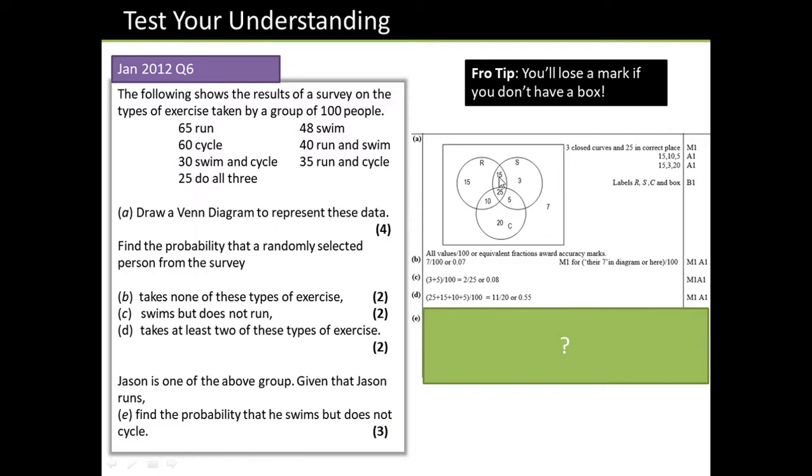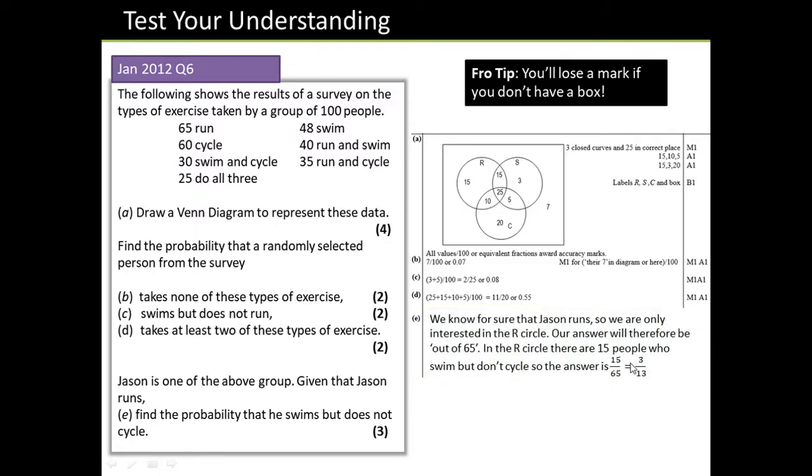So in order to swim, there are 15 people that swim but don't cycle. So that means that there are 15 people out of the runners, which is 65. So 15 out of 65 is the chance that Jason swims but does not cycle. And that's the same as 3/13.